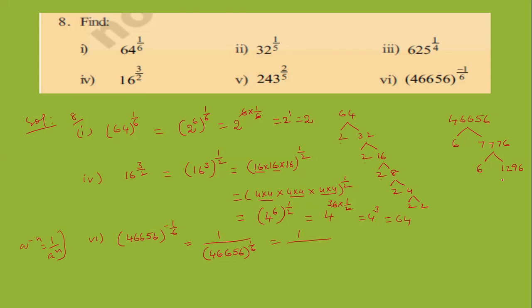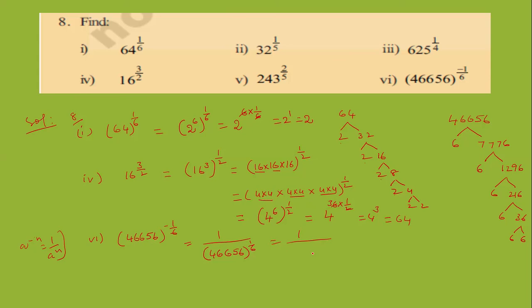6 sevens are 42, 46, 6 sevens are 42, 46. Again, 6 ones, 6 twos, 6 nines, 6 6s.